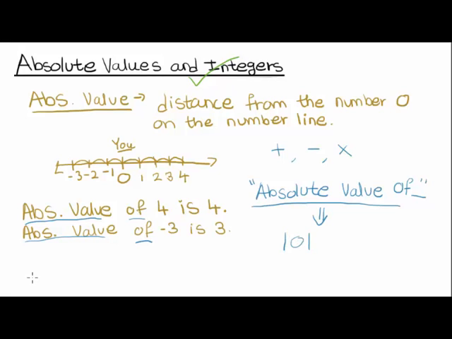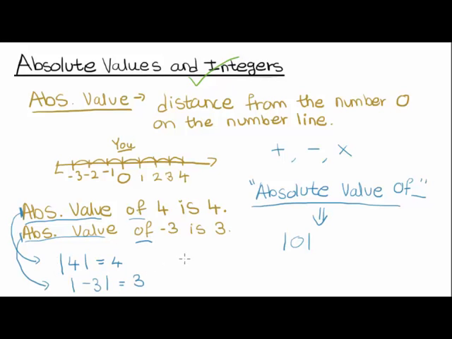So basically, if I want to say what is the absolute value of 4, I would write this sentence right here as this. Absolute value of 4 is equal to 4. Okay? I'll write the absolute value of negative 3 is 3 as.